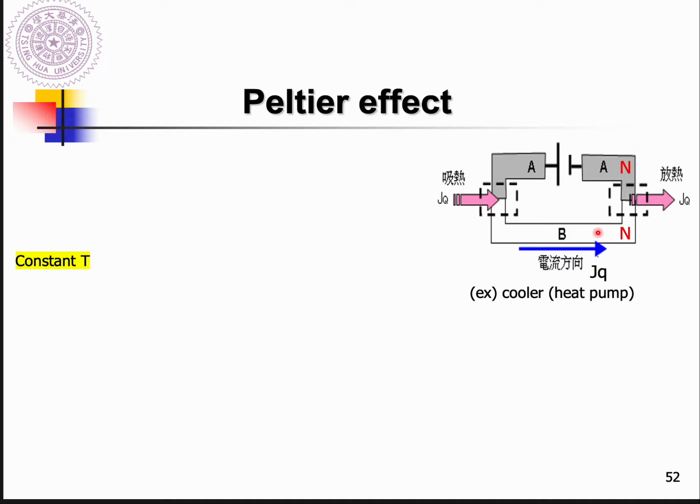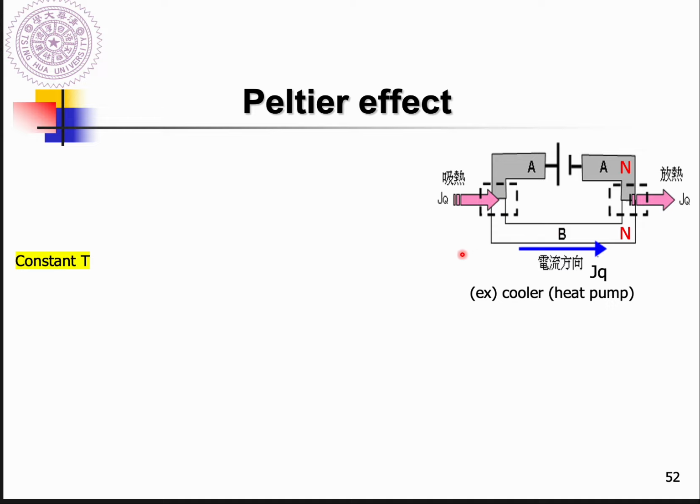So if you focus on this device, you will find that this actually is a prototype for the cooler, or some people call it a heat pump. It absorbs the heat from one side and releases the heat from the inside to the outside, like an air conditioner or a cooler.